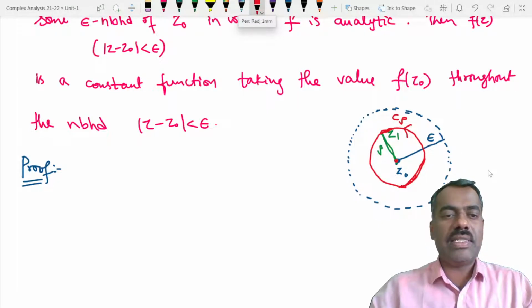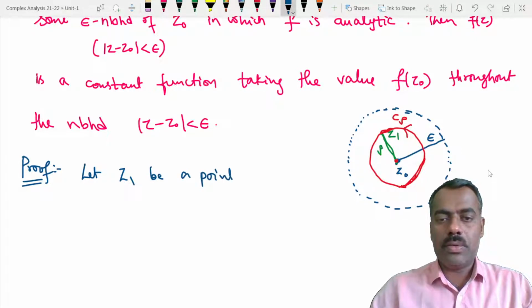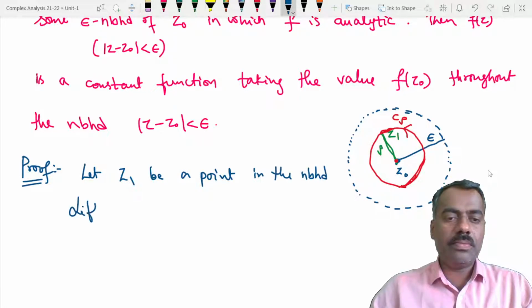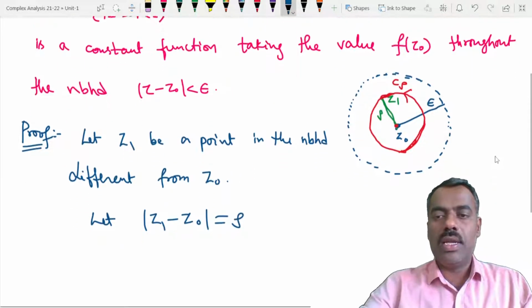So we'll start writing the proof. Let z1 be a point in the neighborhood different from z naught. Let the distance between z1 and z naught be rho.